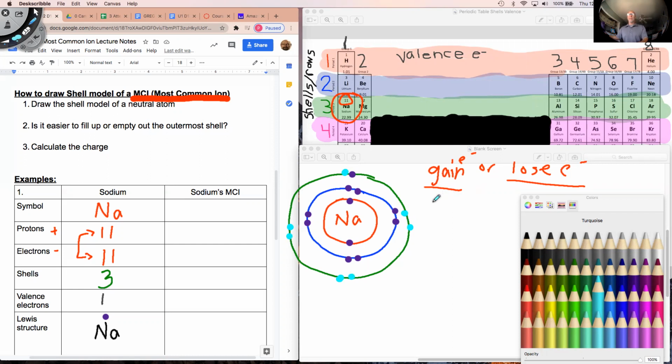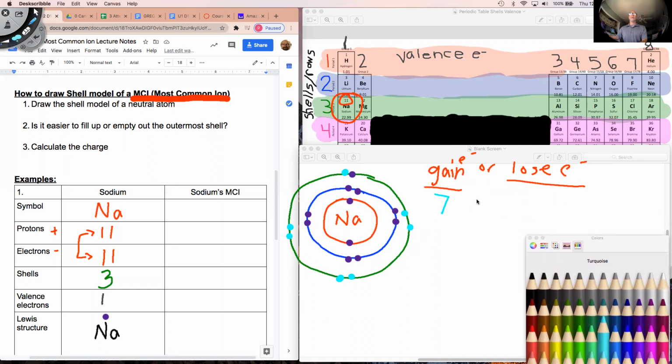Sodium could gain 7 electrons and become Na 7 minus, or sodium could lose 1 electron, and in losing that 1 electron, it could have that shell right underneath it.